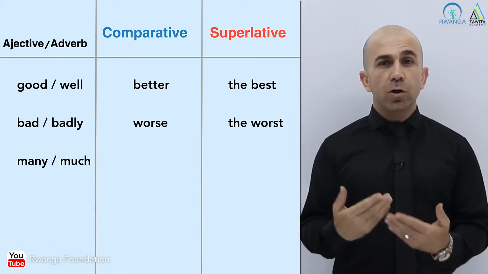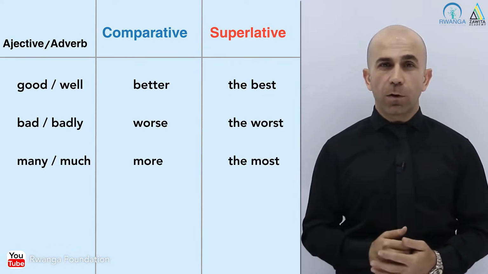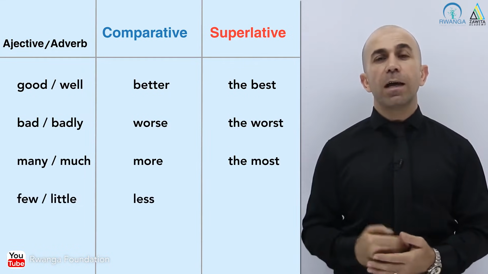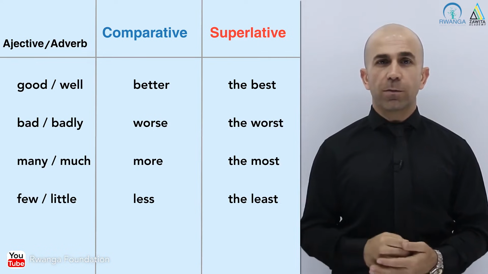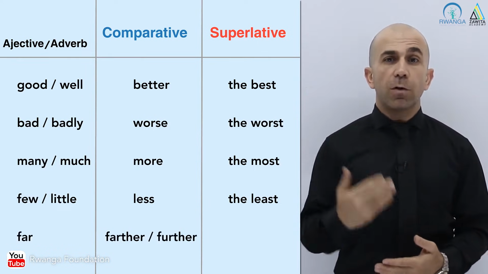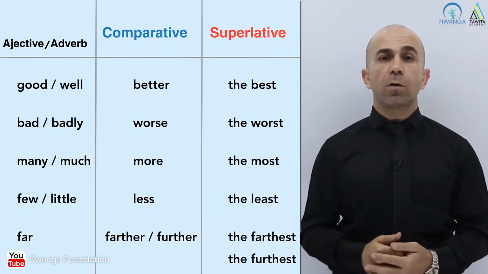Many or much, more for comparative, the most for superlative. Few or little, less for comparative, and the least for superlative. Far, farther or further for comparative, the farthest or the furthest for superlative.